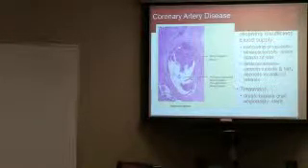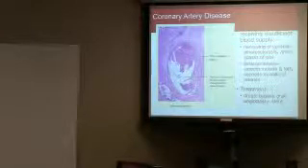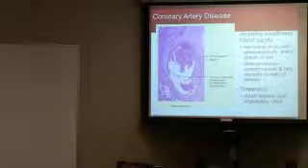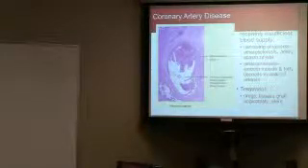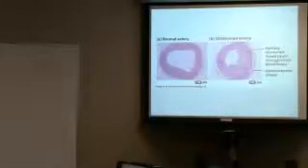As we can see, the plaque is building up. Not a lot of room for the blood to flow through, for the oxygenated blood to flow through. Here's an example of a normal artery. Here's an example of an artery that's been obstructed. Again, notice the plaque build up.